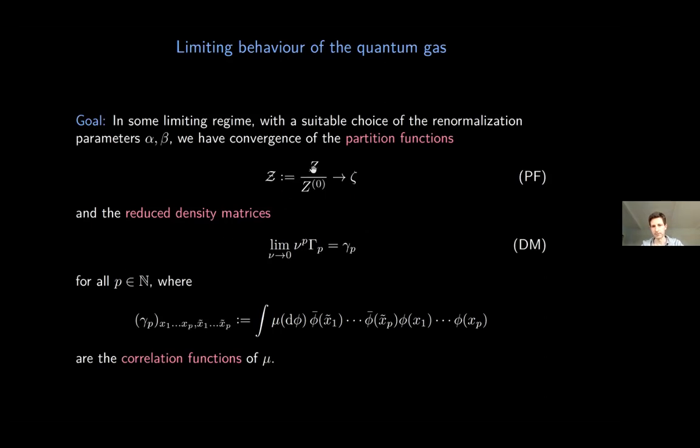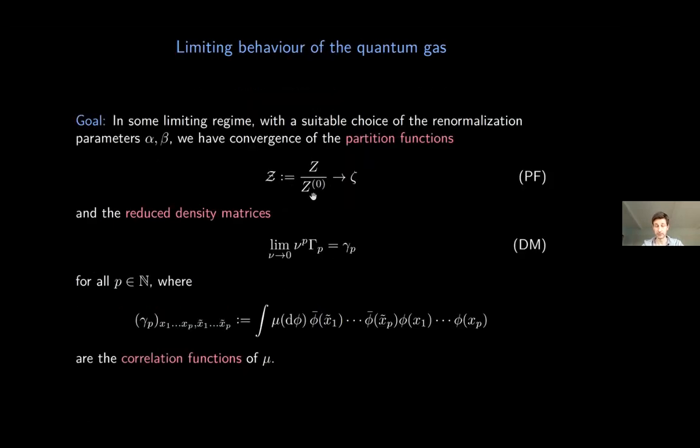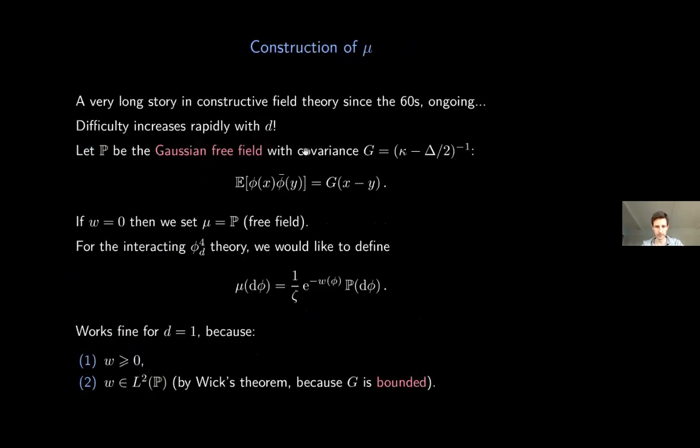So the partition functions themselves will not converge, what I'm always looking at is the relative partition function. So this was this partition function. I will divide it by the partition function of the free theory, so where you have no interactions. And this thing should converge to the partition function of the Euclidean field theory. So if you recall, I called that ζ. So here it is. So it's just the expectation of e to the minus W.